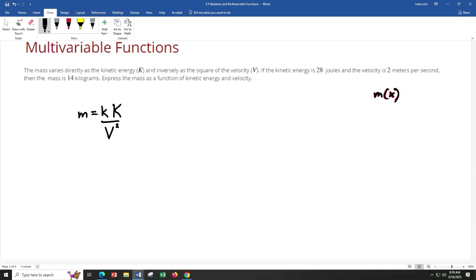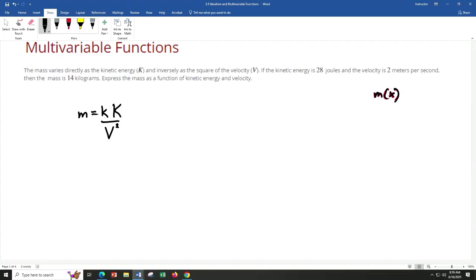It's going to say to you eventually, probably in your homework, write this as a multivariable function. This is how it looks, and then we're going to go in and solve. You're going to need to find your K value first, because they're going to give us enough information to find the K value.